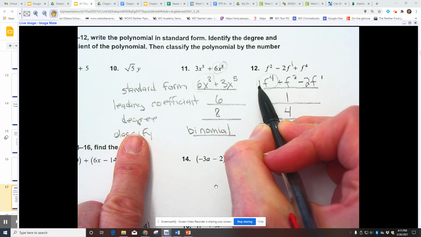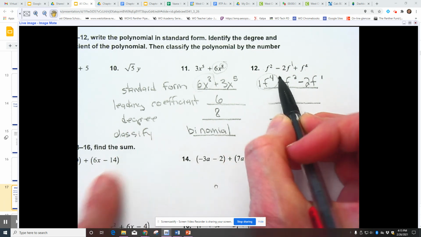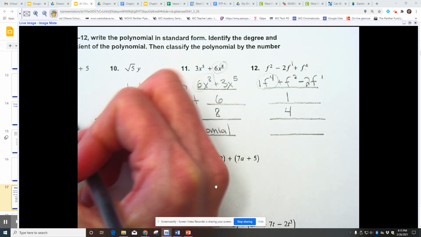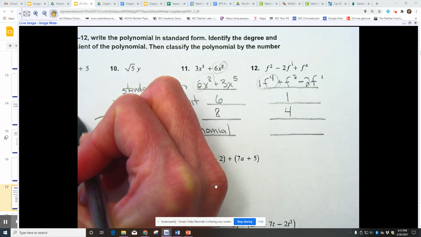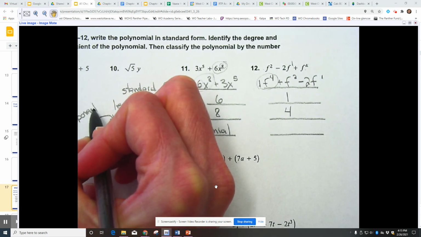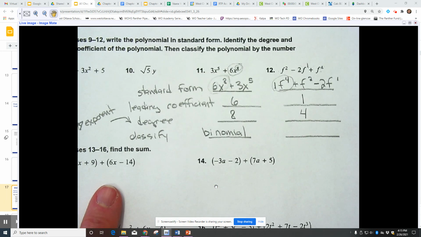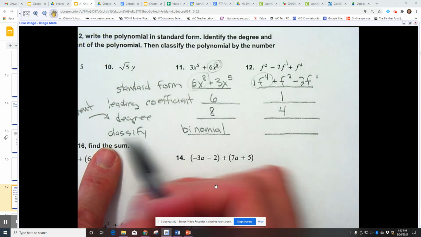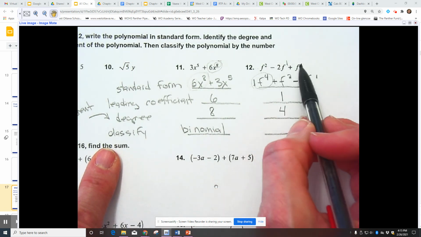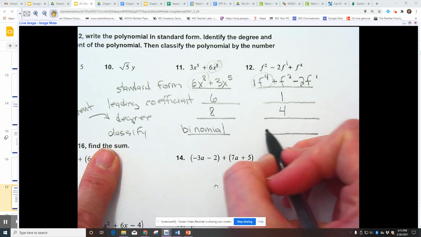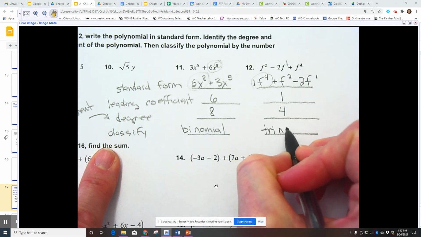Coefficient is the number multiplied. Degree is, maybe you want to put a little reminder here, degree is the exponent. And then classify, this one has 1, 2, 3 terms, so that's a trinomial.